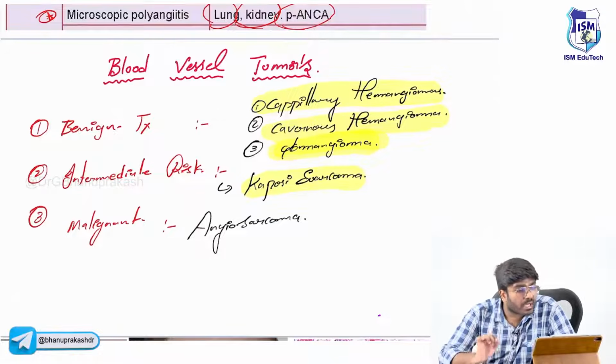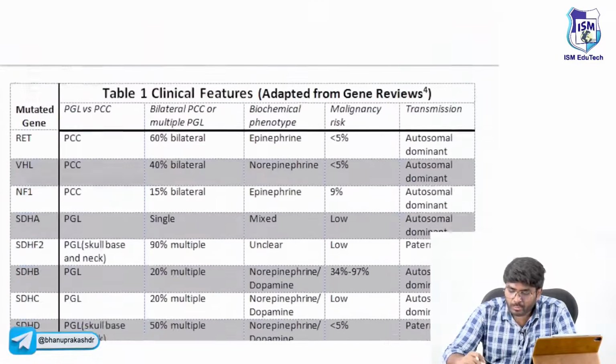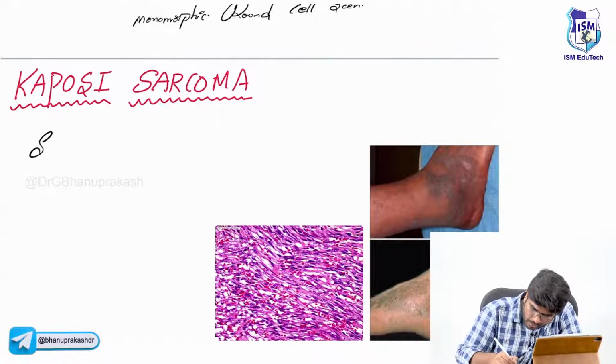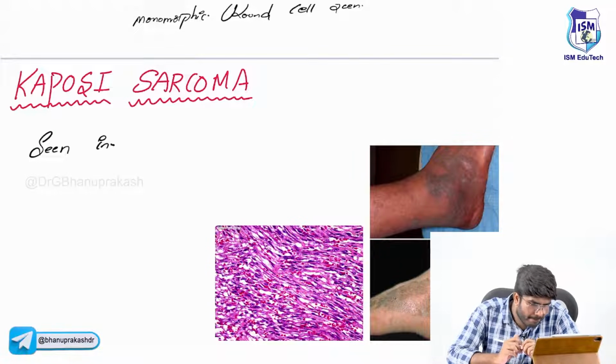So regarding Kaposi's sarcoma, what are the important points which you need to know? My question to you: Kaposi's sarcoma is seen in which people? Do you have any idea, guys?